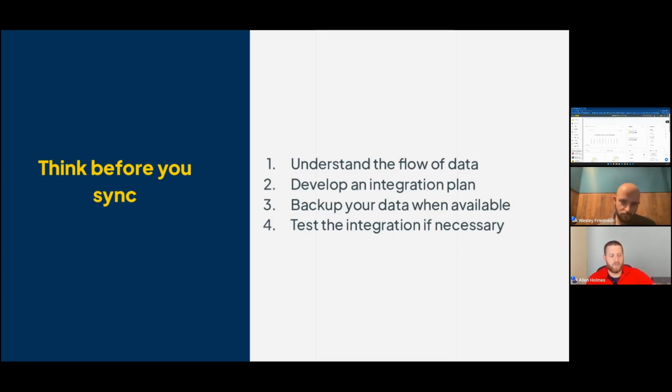Make sure you understand the triggers, make sure you understand the results. Develop an integration plan so that you have your entire system planned out. If you go in and you just sync into one system right away, you like, oh, I'm going to start a new business, and I start QuickBooks, and then I start Workiz, and I sync them together. Come to find out, well, maybe my business actually requires an inventory management system as well. How is that going to integrate with these other ones? So make sure that we get the full plan.